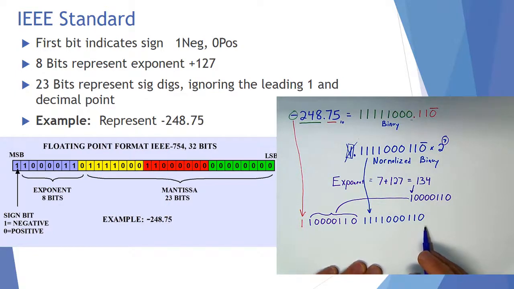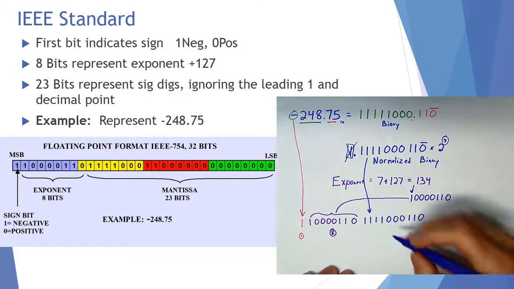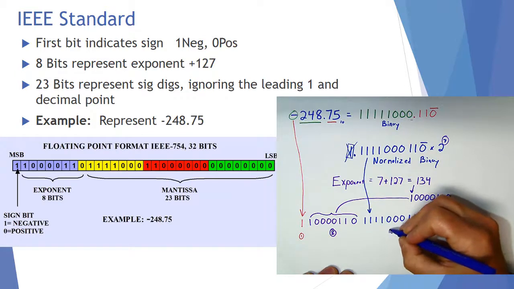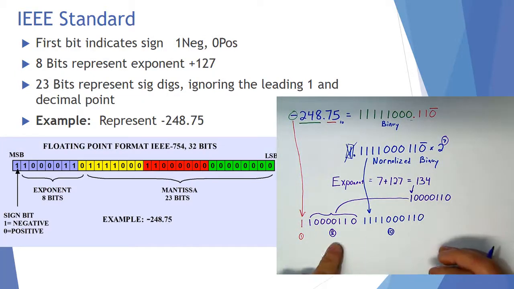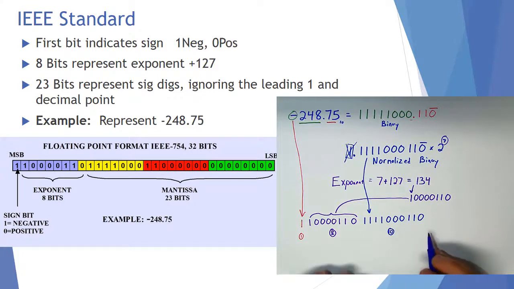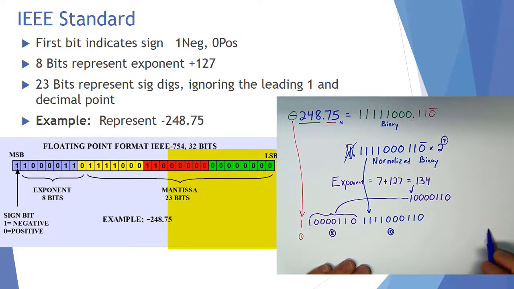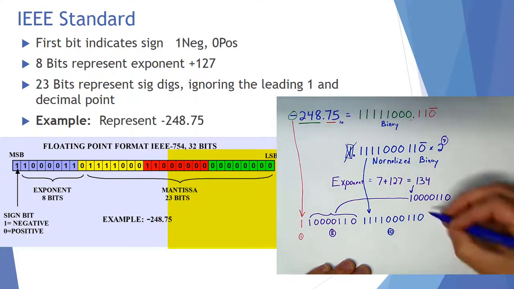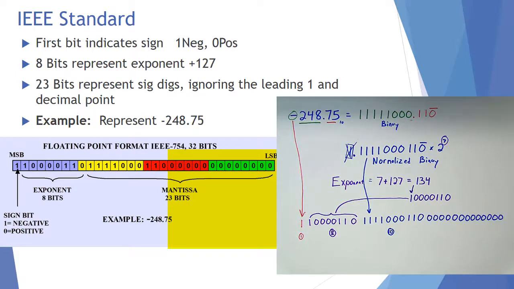We haven't used them all. So far we've used 1 digit here, 8 digits here, and 10 digits here. That's only 19 digits used. We get 32, and so that means there needs to be 13 more digits until we're out to a full 32. And so there's our complete number in 32-bit form.